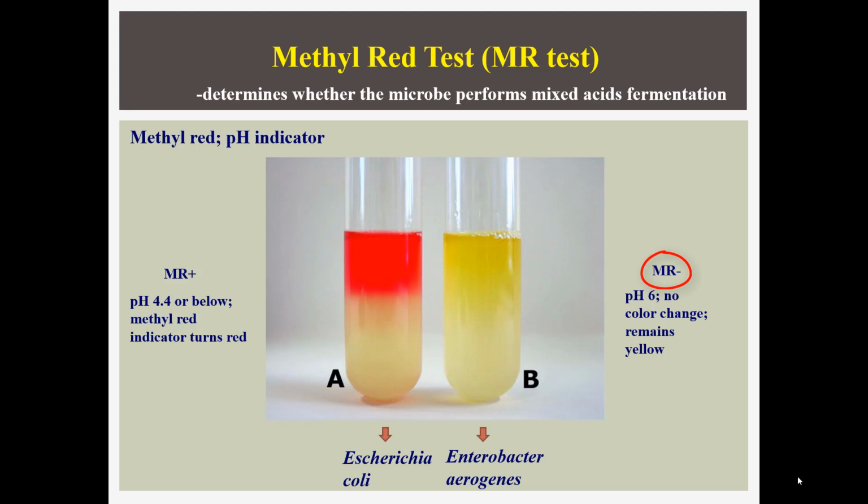So a methyl red negative is when the culture medium remains yellow after addition of methyl red, and this occurs when less acid is produced. In this example here, E. coli is positive for the methyl red test, indicating that it is a mixed acid fermenter, while Enterobacter aerogenes is negative for the methyl red test, indicating that it is not a mixed acid fermenter.